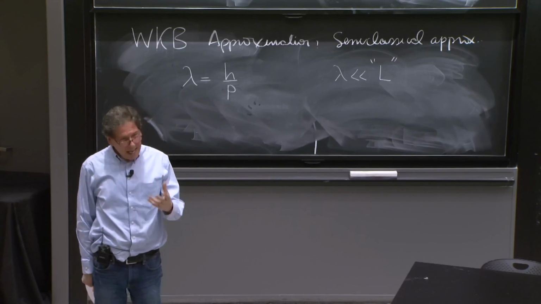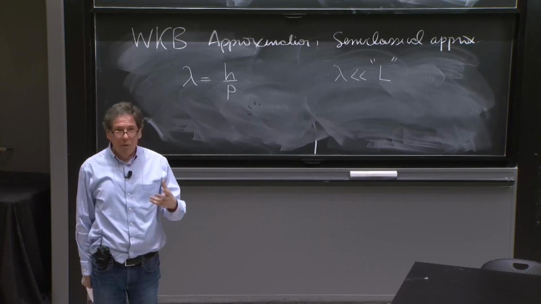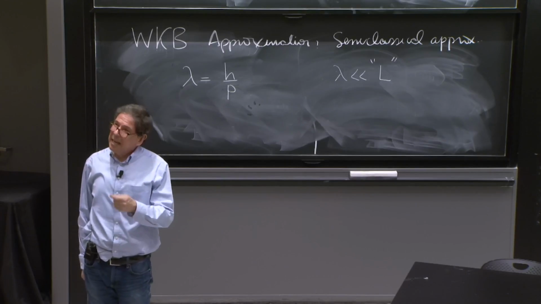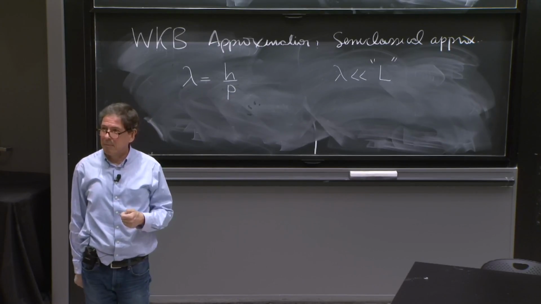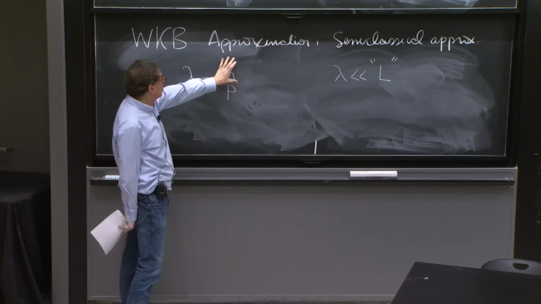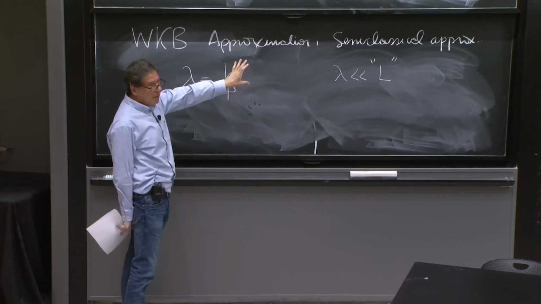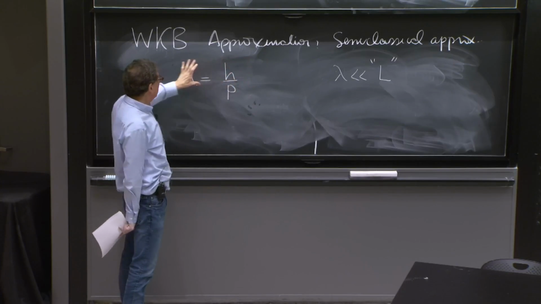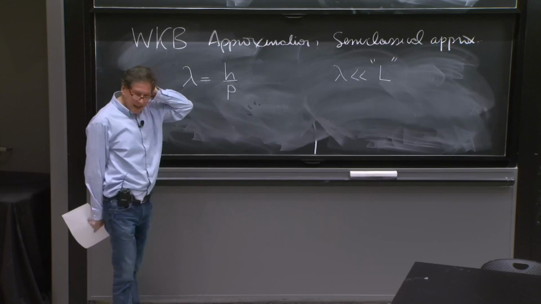But at the end of the day, I will try to consider h-bar to be small as an idea underlying a semi-classical approximation. And the intuition is that for h-bar small, we cannot tune it, but we can say it: h-bar small, lambda becomes small.